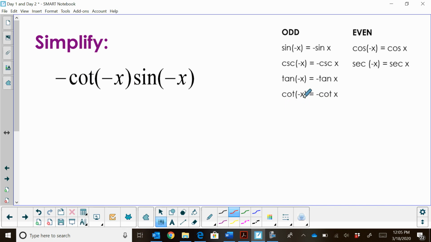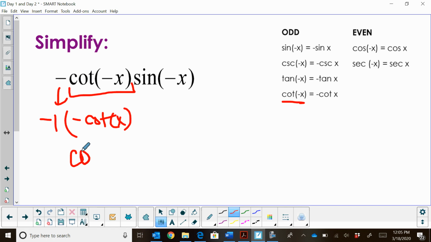So I know that cotangent of negative x, this portion is equal to negative cotangent of x. But then I have that times a negative 1, because really that's just a negative 1. So this portion of the cotangent part is actually a positive cotangent of positive x.